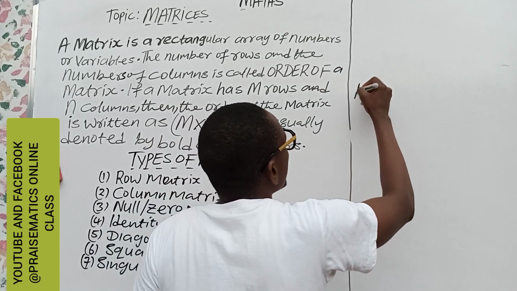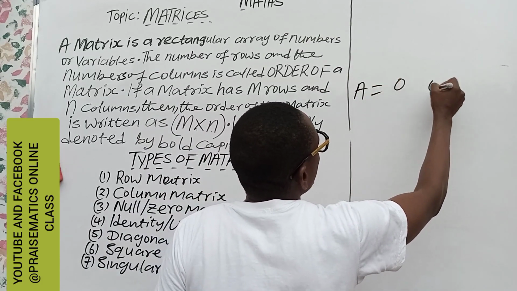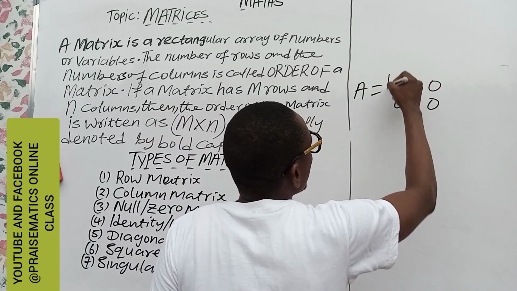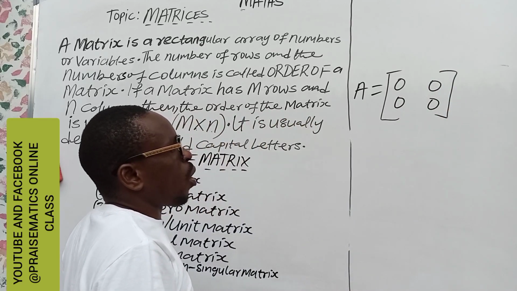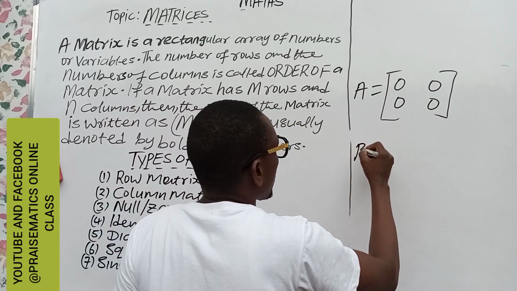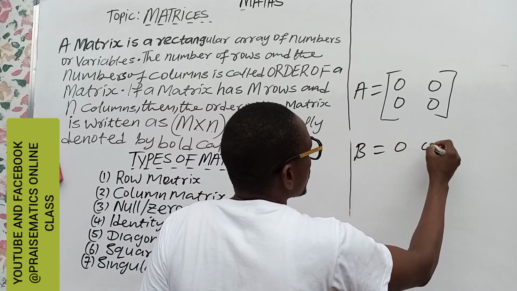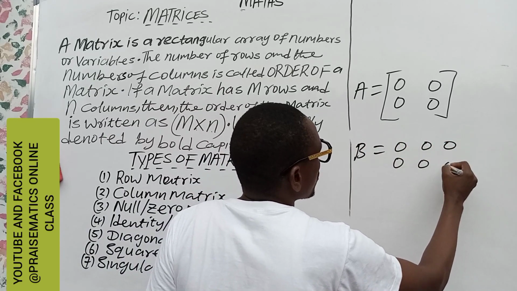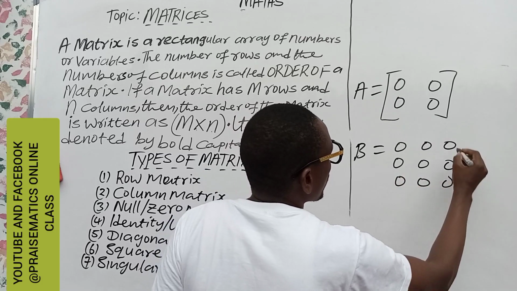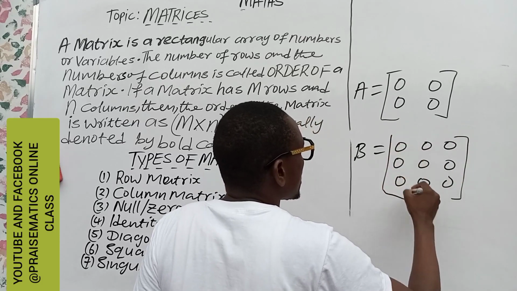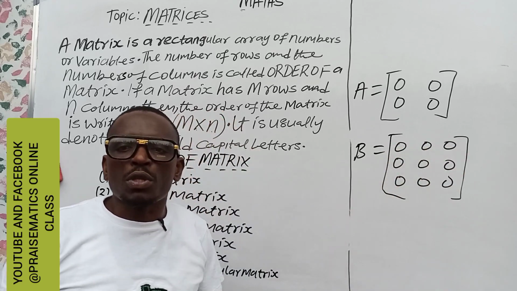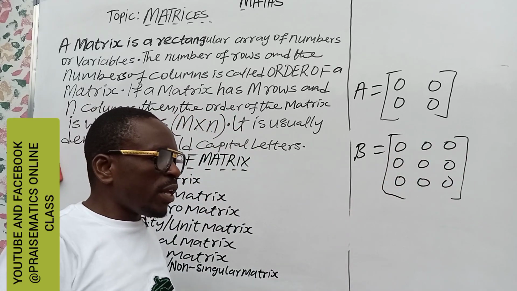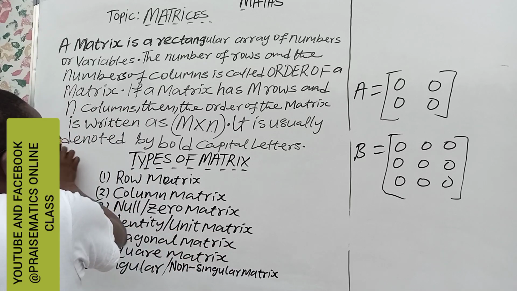For example, A equals 0, 0, 0, 0. This is a zero matrix. We have another one, B equals 0, 0, 0, 0, 0, 0, 0, 0, 0. So this is a type of matrix in which all the entries or elements are zero. We call it a zero or null matrix.